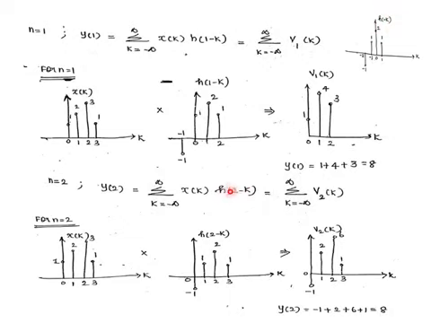Again here n is positive, so you have to perform a right shift of h of minus k by 2 units. So the sample at k is equal to minus 2 gets shifted to k is equal to 0. We have to shift each and every sample by 2 units. So the k is equal to minus 2 sample, which is minus 1, gets shifted to k is equal to 0.